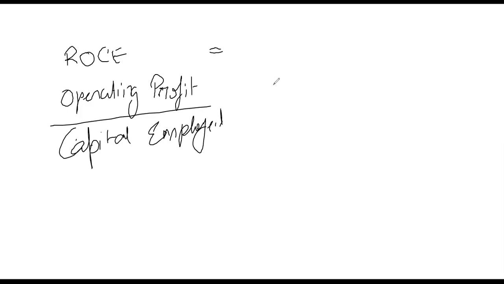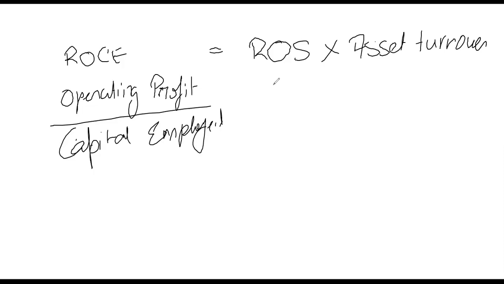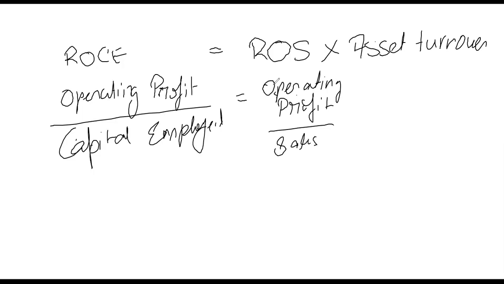Now this ratio was equivalent to the multiplication of return on sales with asset turnover. So the return on sales is the operating profit divided by the sales or revenue figure, multiplied by the asset turnover ratio.